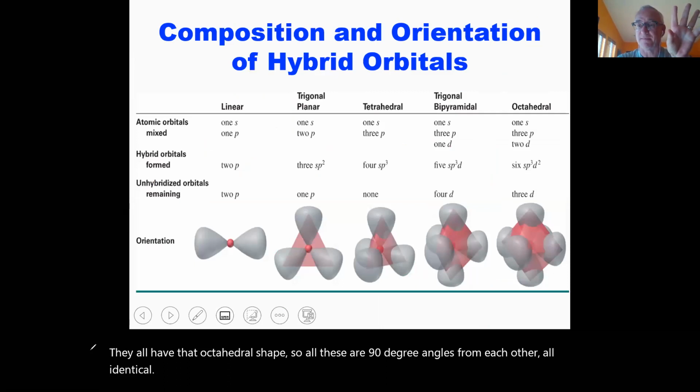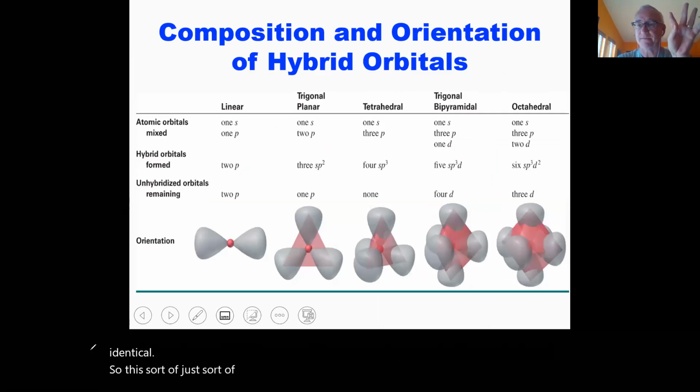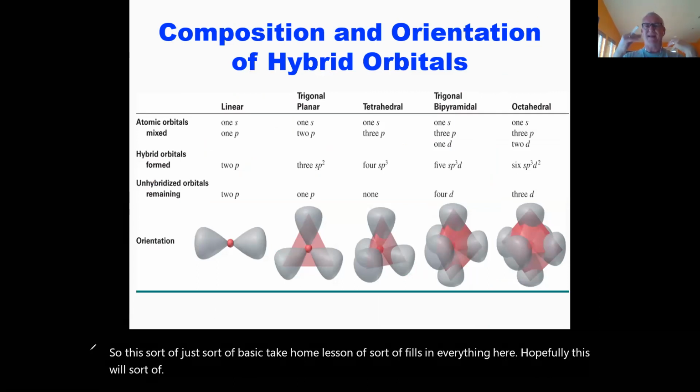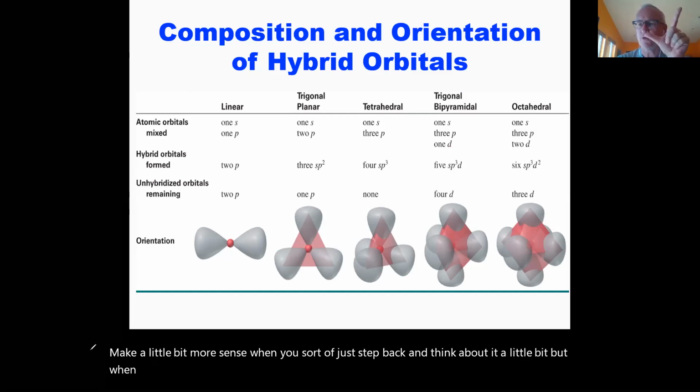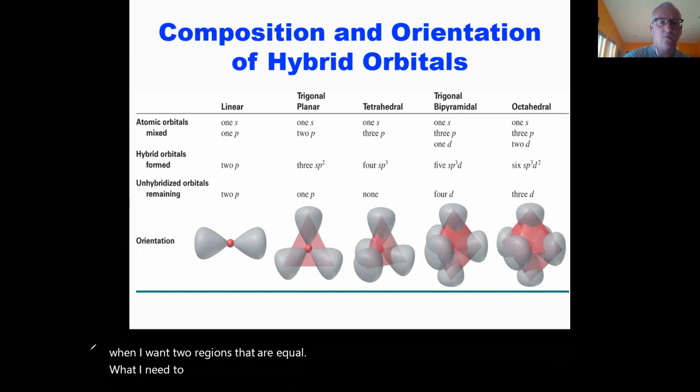So the basic take-home lesson fills in everything here. Hopefully this will make a little more sense when you step back and think about it a little bit. When I want 2 regions that are equal, I need to mix 1s and 1p.